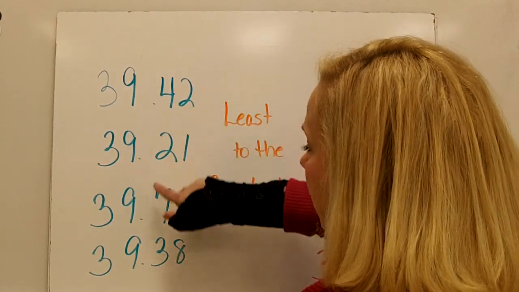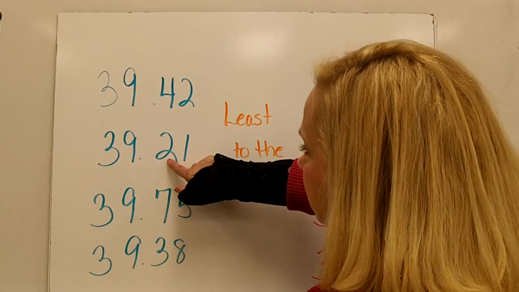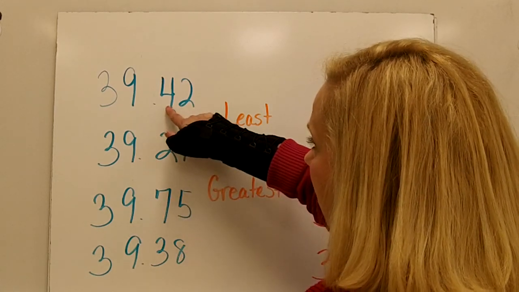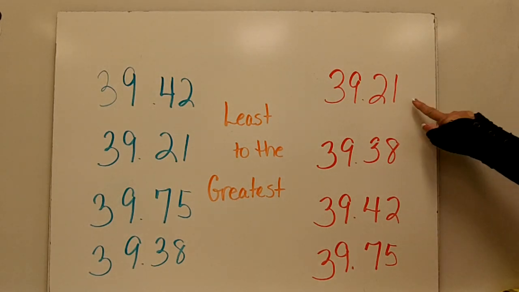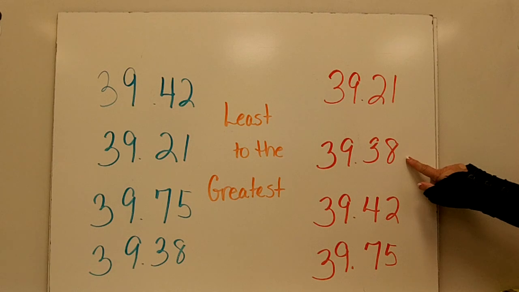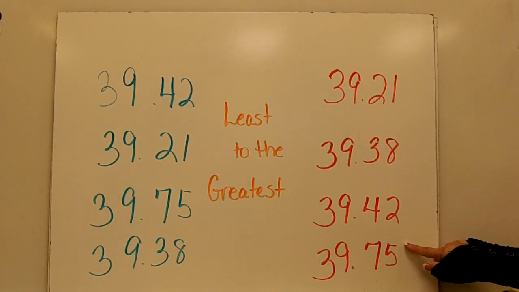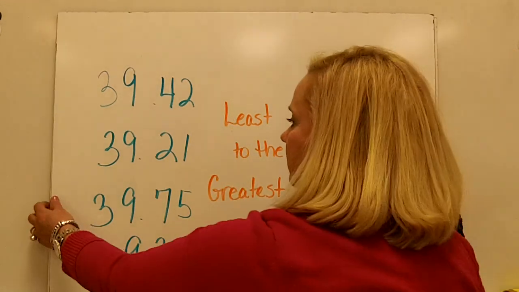So if I were putting those in order from the least to the greatest, I would go here first, because that's the smallest, and then 3, and then 4, and then 7. So my list would actually look like this: 39 and 21 hundredths, 39 and 38 hundredths, 39 and 42 hundredths, and 39 and 75 hundredths. And that's ordering from the least to the greatest.